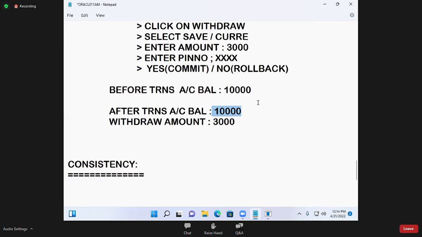So a certain time will be taken. Don't think that your balance is more or less. Everything depends on the online transaction. Okay guys, this is 7,000.